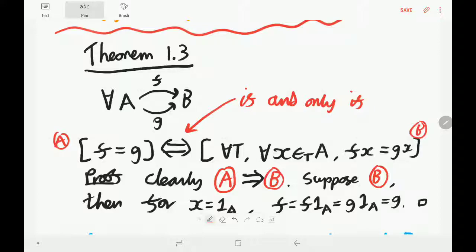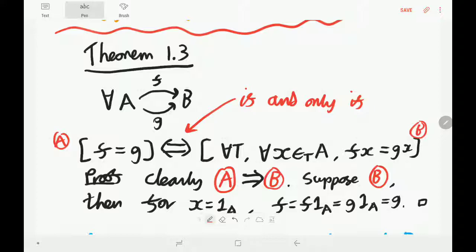So basically what this result says is, one way we can figure out if they're the same is if, when you compose either one of them after any particular arrow, you always get the same result with the F as you do with the G. So more precisely, for parallel arrows F and G, we have that F equals G if and only if for any arrow X into A, we have that Fx equals Gx.